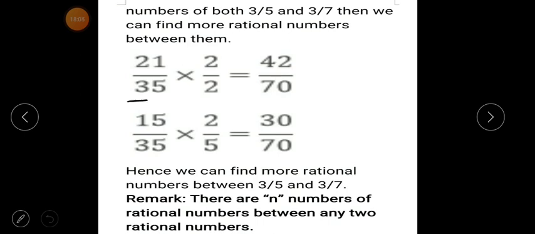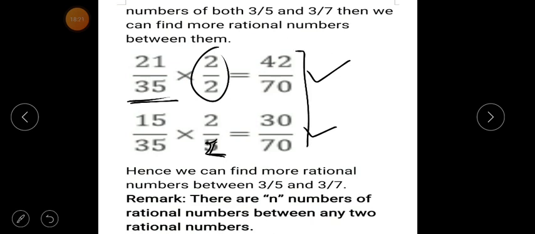Like this, if we multiply both of them by 2 by 2, we get 42 upon 70 and 30 upon 70. Now we can easily find more rational numbers between them. One thing we have to remember is that there are infinite rational numbers between any two rational numbers.